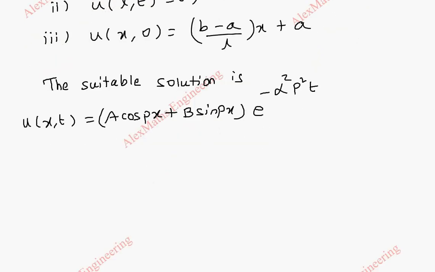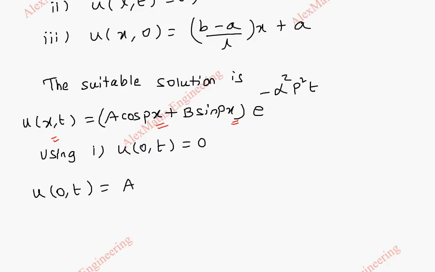Now let's use the first condition, U of 0 comma t is 0. Wherever x is there, I have to put 0. So U of 0 comma t is A into cos 0, which is 1, and sin 0 is 0. So we have only A e power minus alpha square p square t, and this value is 0.